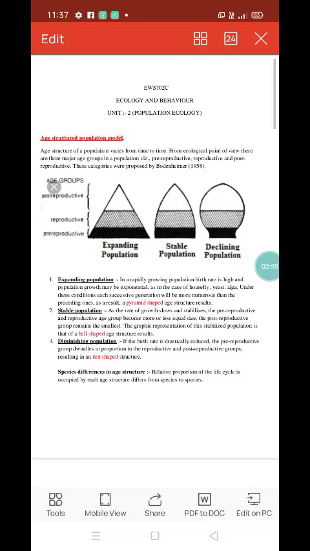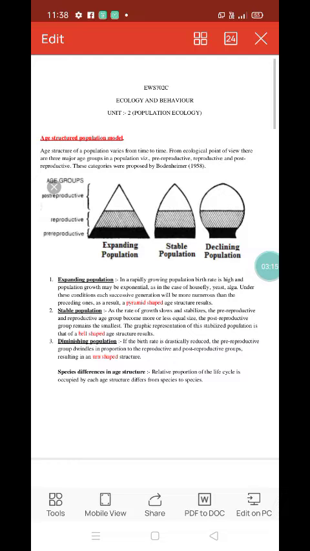The least number is under the post-reproductive, that is the older people, older plants or old-aged animals. That is known as the stable population or the bell-shaped one.